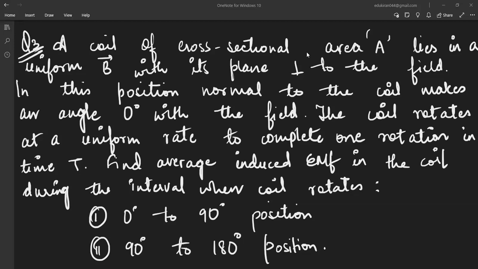So first is from 0 degree to 90 degree position. See how we have to solve this. If one complete rotation is t, you people have to just analyze what is the time period that is required.